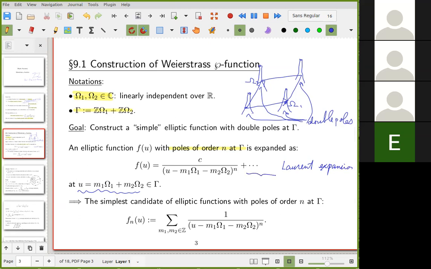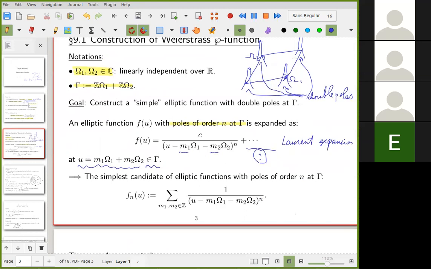Well, we don't know what the coefficients are, but anyway, at any m1 and m2, this coefficient should be common, and n should be the same for any lattice point.